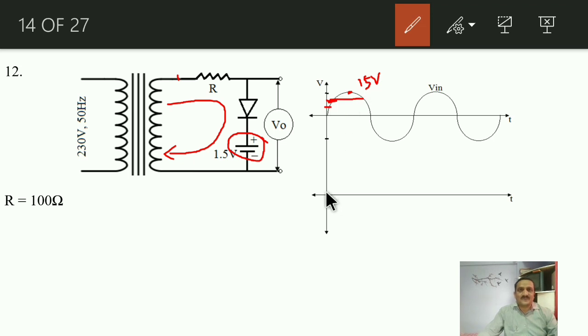That means the nature of the obtained output will be like this. Now it will get clipped off at 2.2. That means 0.7 plus that external bias, that is 1.5, right? Without this DC source, the saturation level would be at 0.7 only. But if a series bias is connected externally, then that also we have to overcome, and then the diode will conduct.